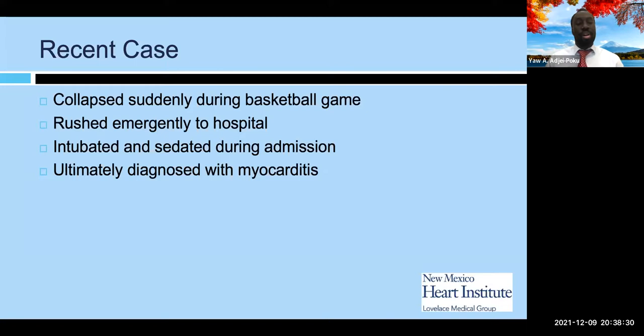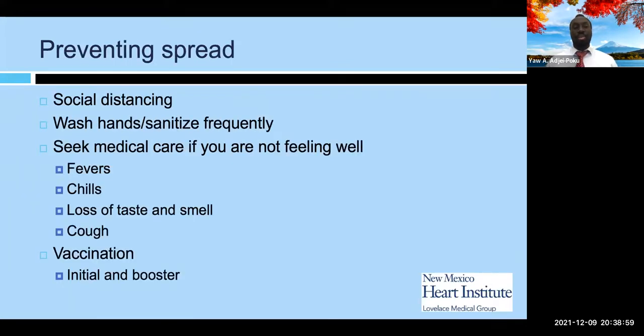So myocarditis is definitely something that we see in patients who have had COVID. And the important thing to remember is if you've had COVID, it's important to make sure that you see physicians routinely. Sometimes there are some changes on your EKG or other things such as an ultrasound that can indicate whether you have myocarditis. So these are all things that are important to see physicians routinely.